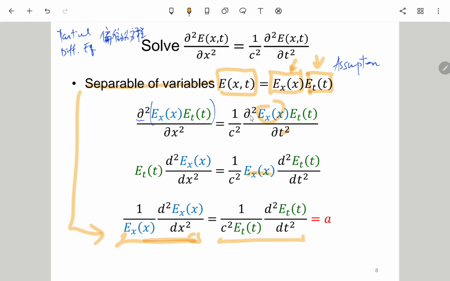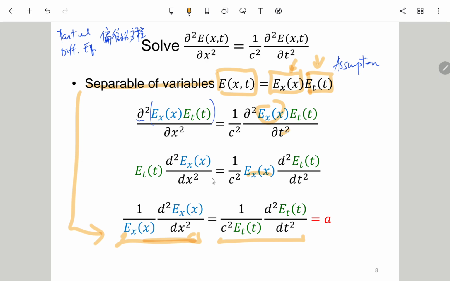The remaining part is the second derivative of E_t with respect to time, a pure function of time, so we rewrite this partial derivative into an ordinary derivative. So we simplified some terms and turned them into ordinary derivatives.